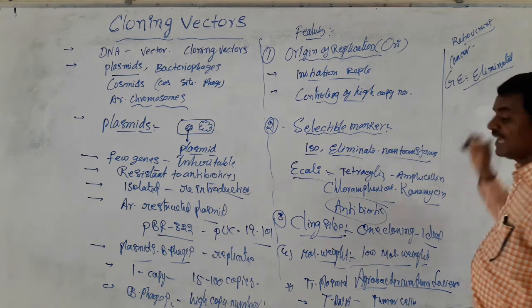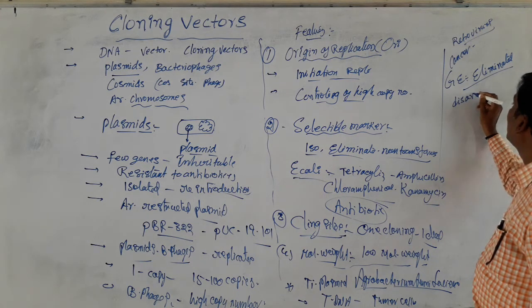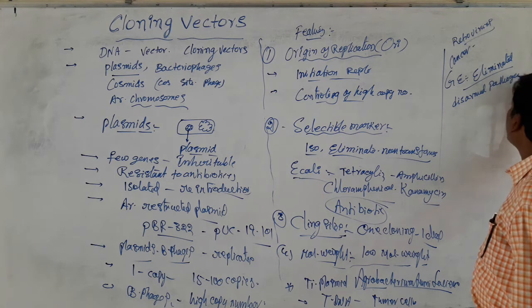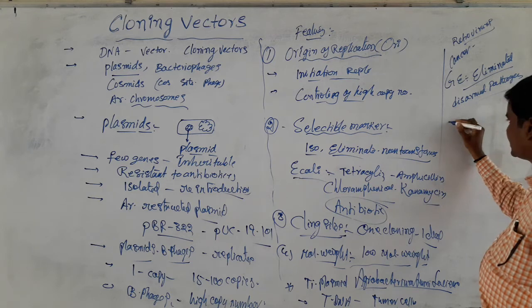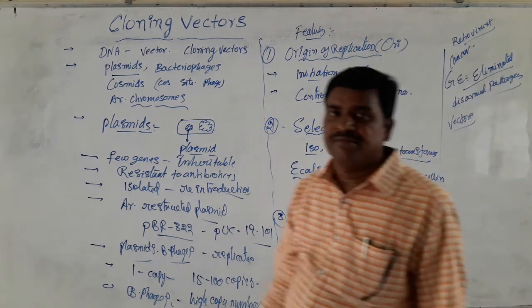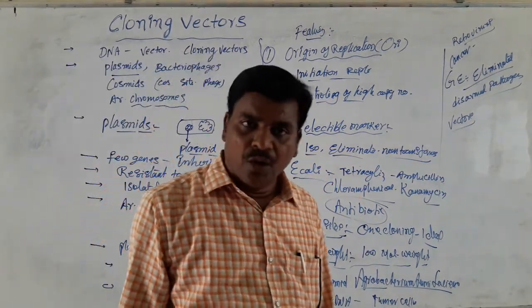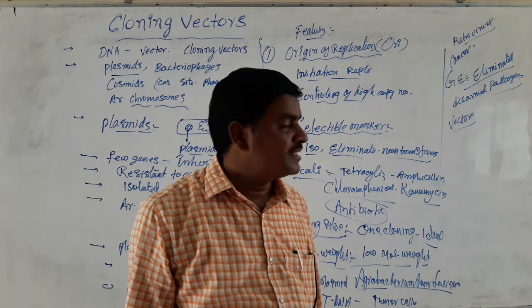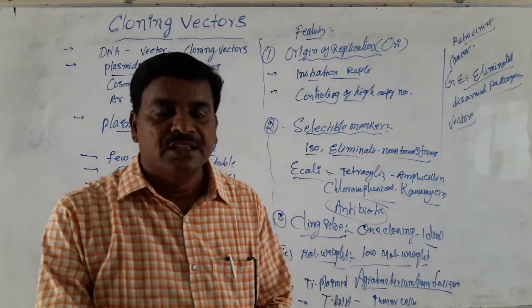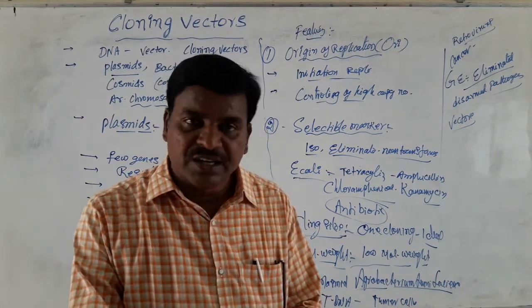Now they are converted into disarmed pathogens, and these disarmed pathogens, the Ti plasmids of Agrobacterium tumefaciens and retroviruses, are used as ideal vectors in case of plants and animals respectively.